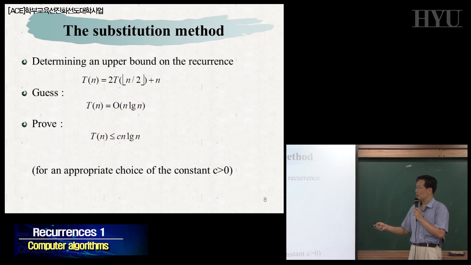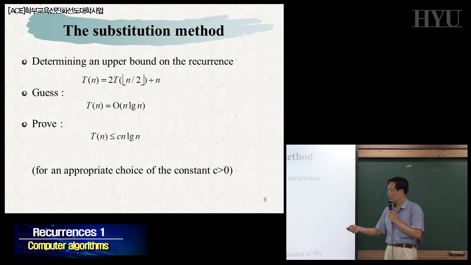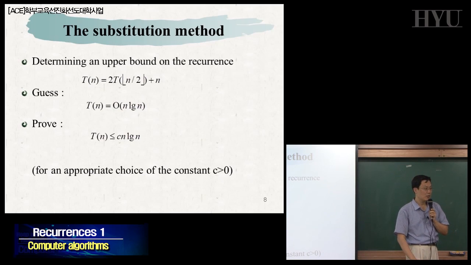To prove this, what should we do? We usually do this. To show T of n is less than or equal to c n log n, where the constant c can be selected arbitrarily. Why? Can you explain why?